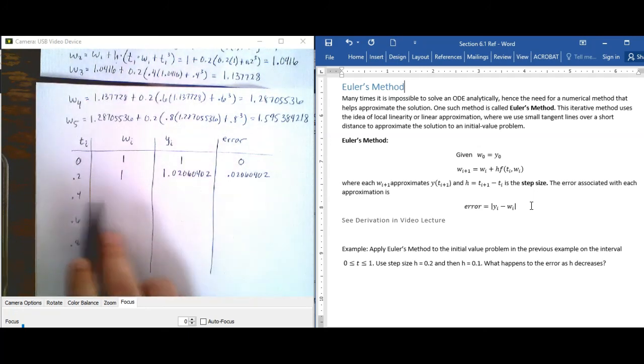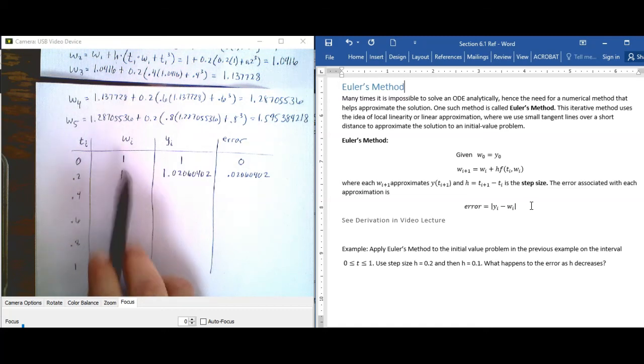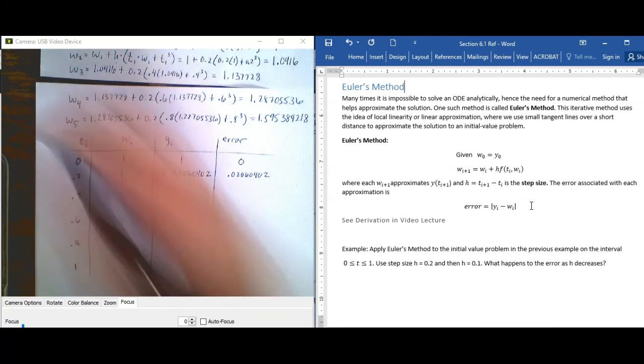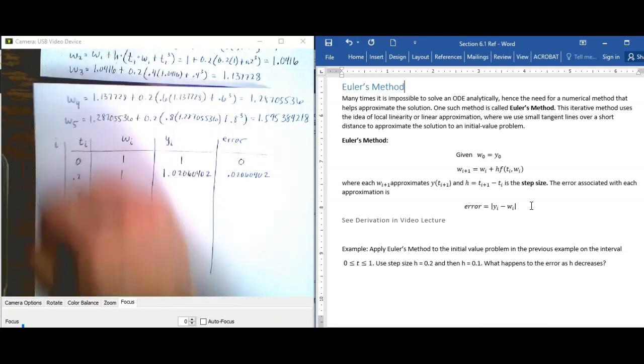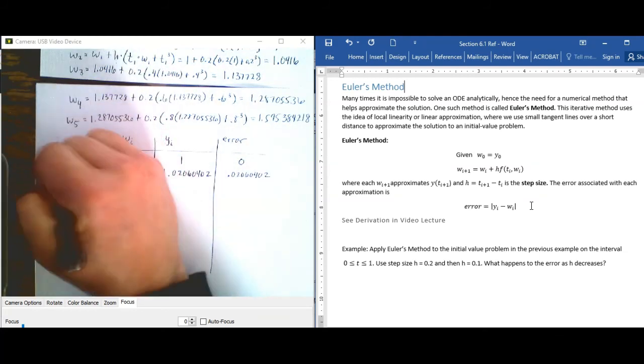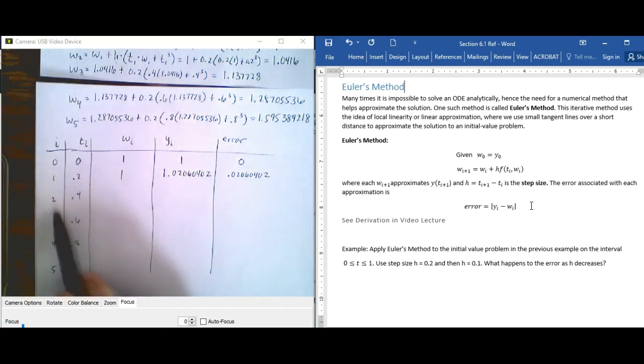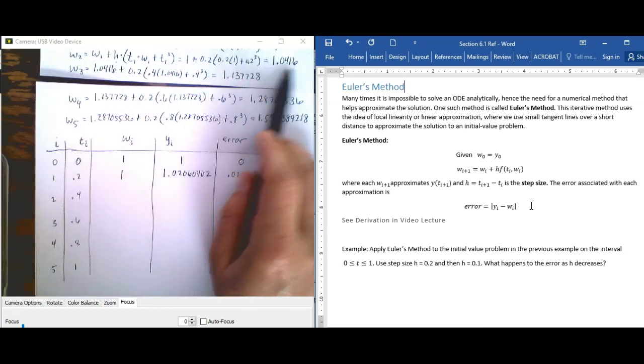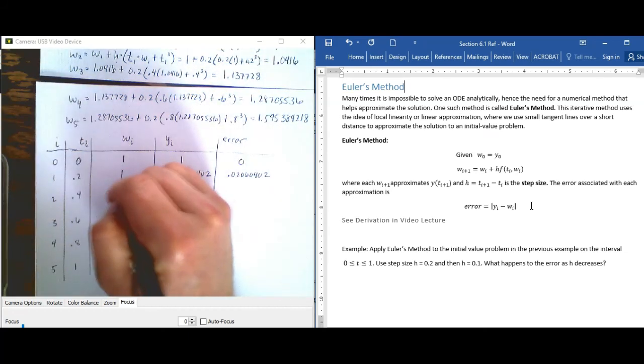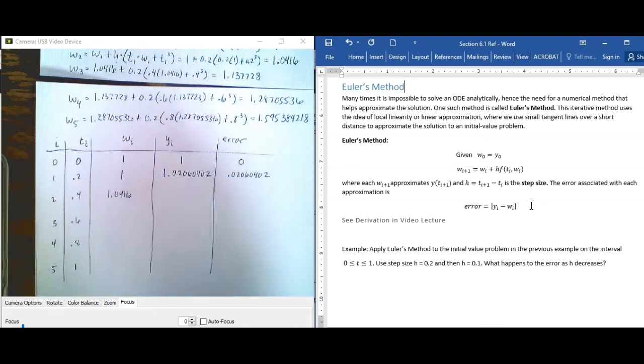At 0.4, our approximation was, so this is W, so let's say i, 0, 1, 2, 3, 4, 5. So we're looking at the W2 approximation. That was 1.0416. And let's calculate this guy here.